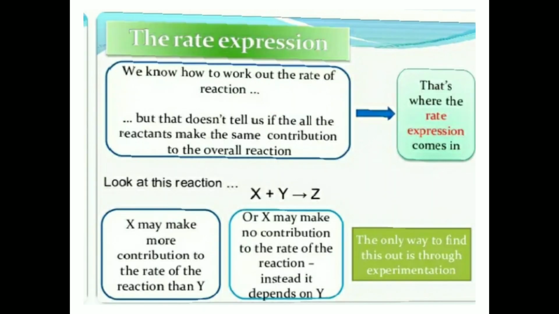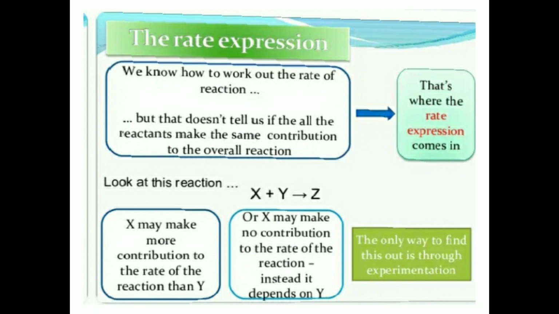With the rate expression, we know how to work out the rate of reaction, but that doesn't tell us if all the reactants make some contribution to the overall reaction. That's where the rate expression comes in.